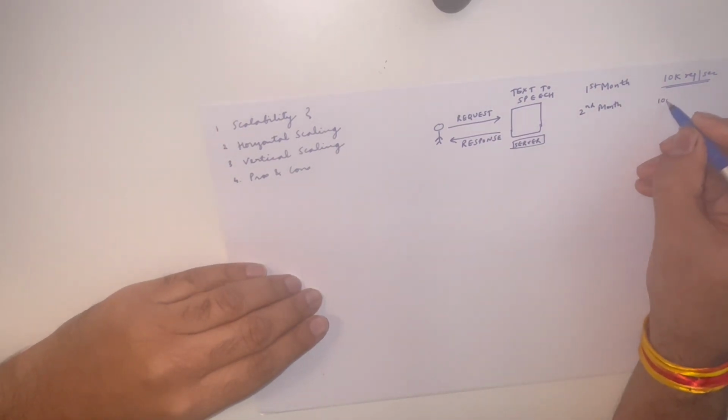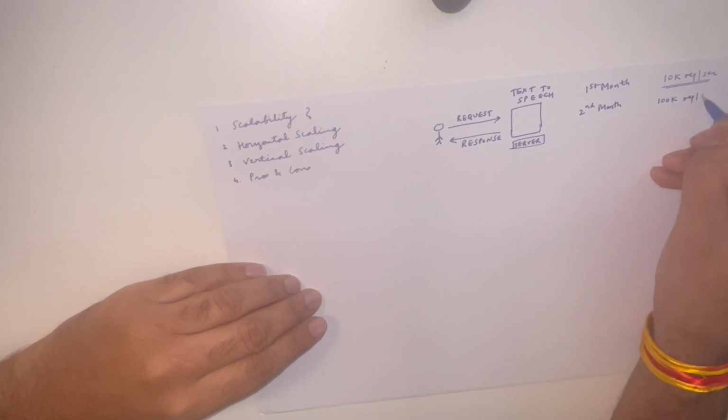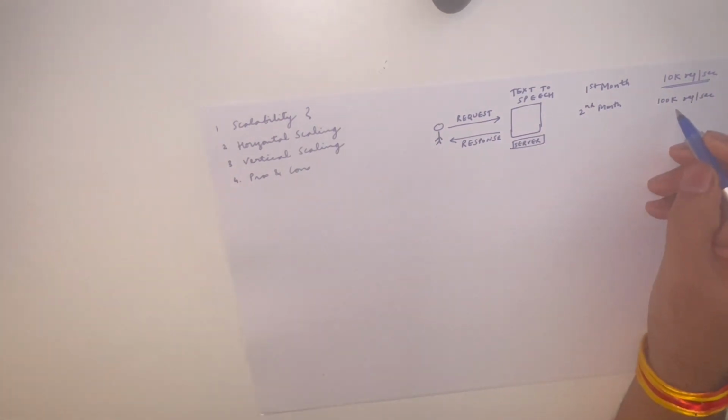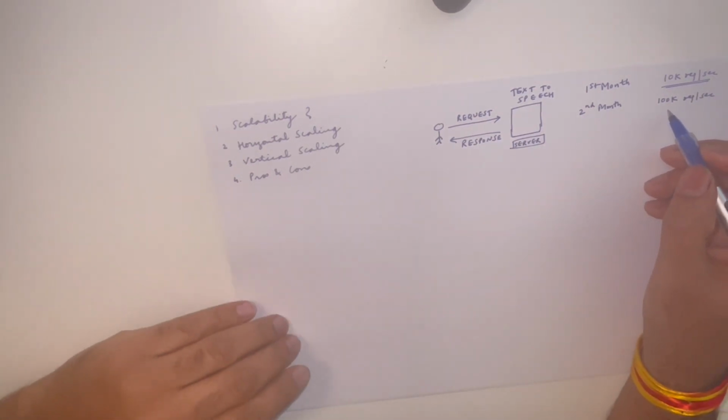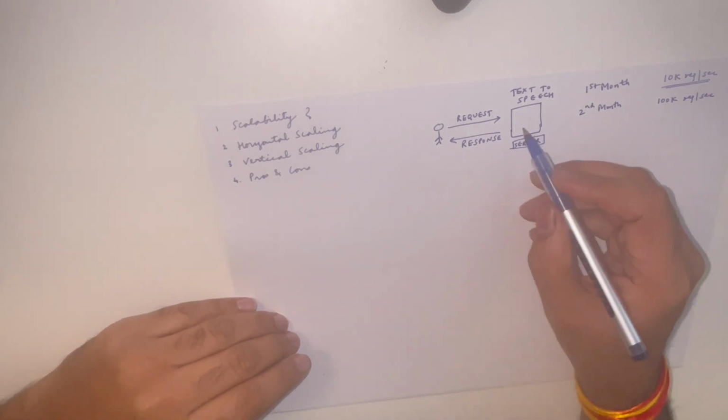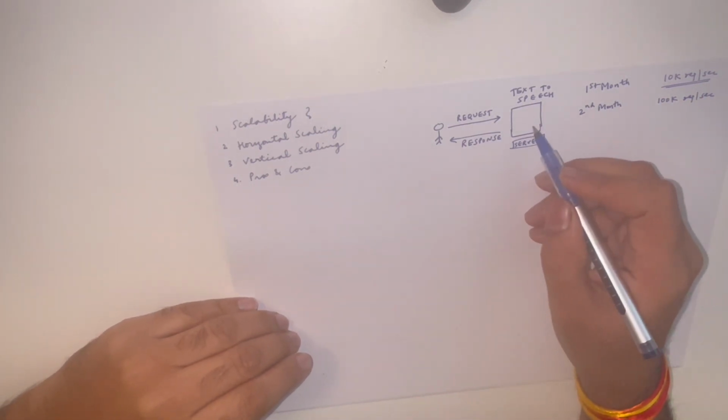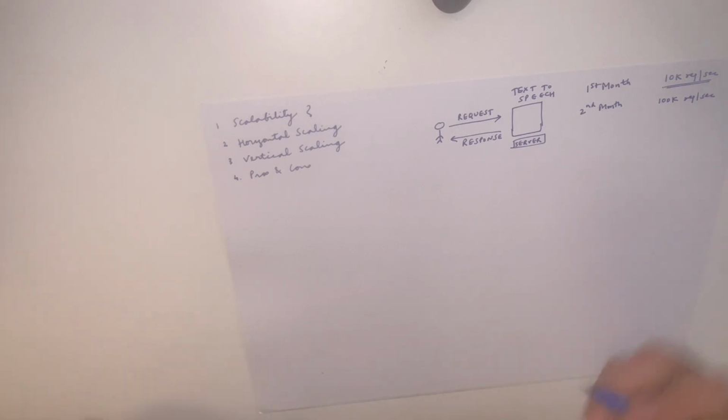That's when you start getting 100K requests per second. With this traffic, you also see a lot of users complaining about slow responses from your server. Whenever they request speech for a specific text, there is a delay in response. Requests are getting timed out, which essentially leads to a degraded user experience.